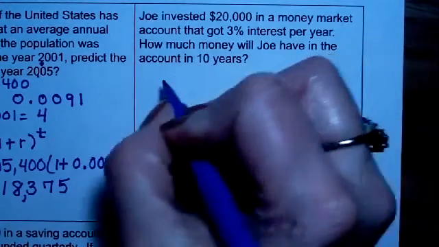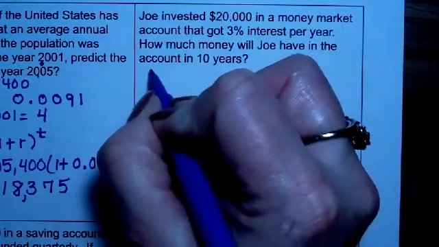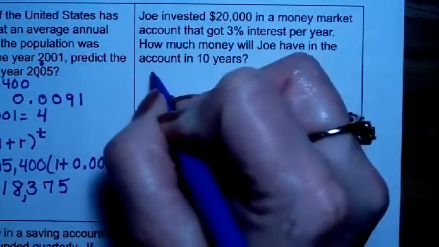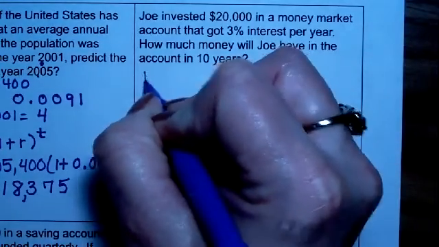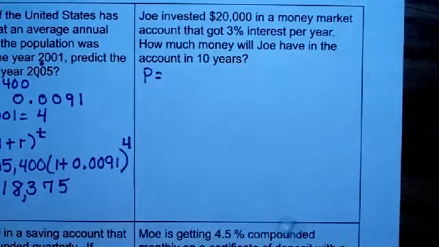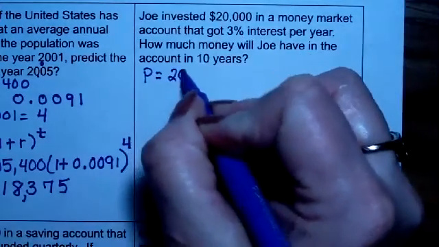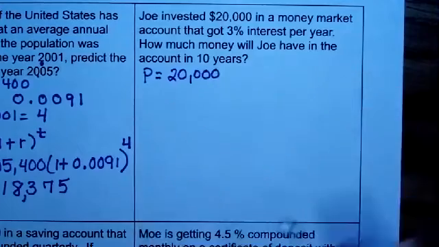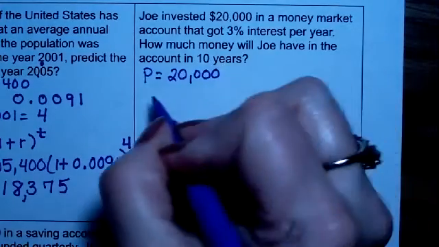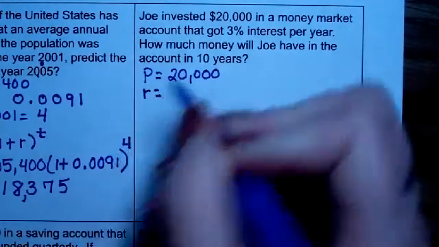Okay, now again, I need to identify all my different variables in my formula. P is the starting amount. It says he invested 20,000, so that's how much he put in at the very beginning. Okay, R is your rate of increase.